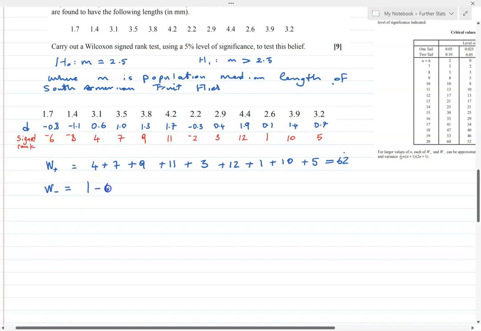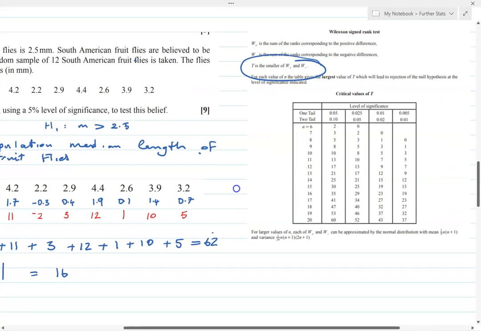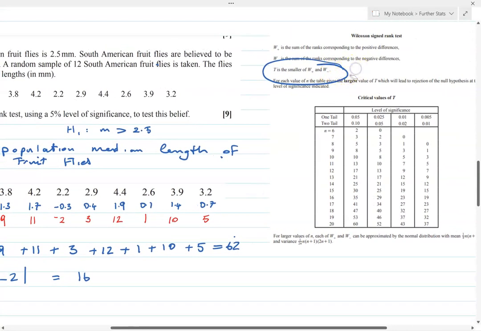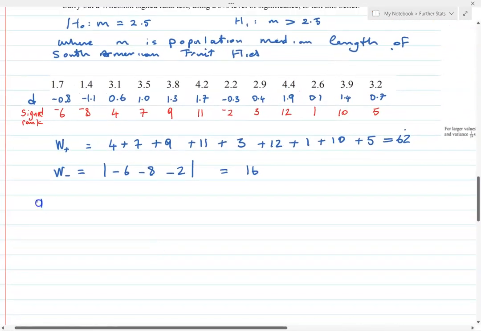So it's 6, 8, 2, wait, that is equal to 16. And then the test statistic, remember they call it T in here, T is the smaller of W plus and W minus, so the test statistic T equals 16 because it's the smallest.